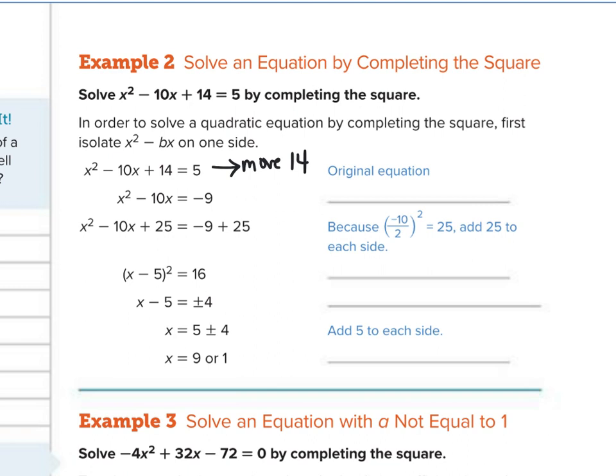Plus 14. Close. What's the opposite? Minus. So if I minus 14 from 5, we do get negative 9. I'm just going to write some steps here to the side for you. So move constant, which is your regular number, to the right.